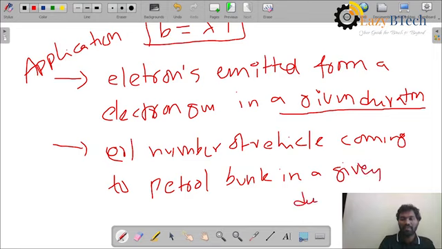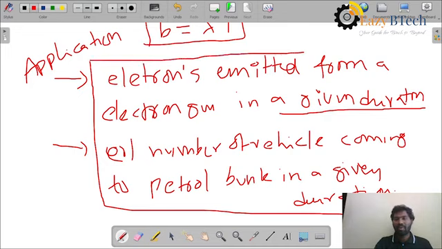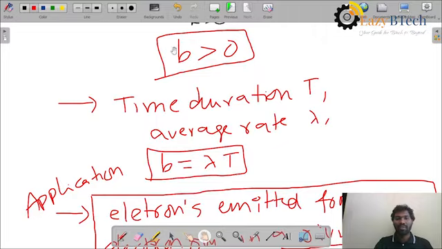For timing, it is 1 hour or 2 hours or 3 hours, etc. You should compulsorily take one time interval. These are used for counting purposes. So you should remember that the application of Poisson is for counting purposes.